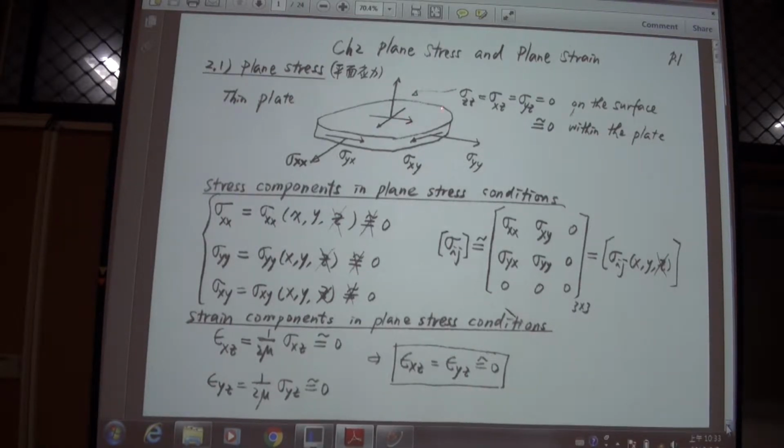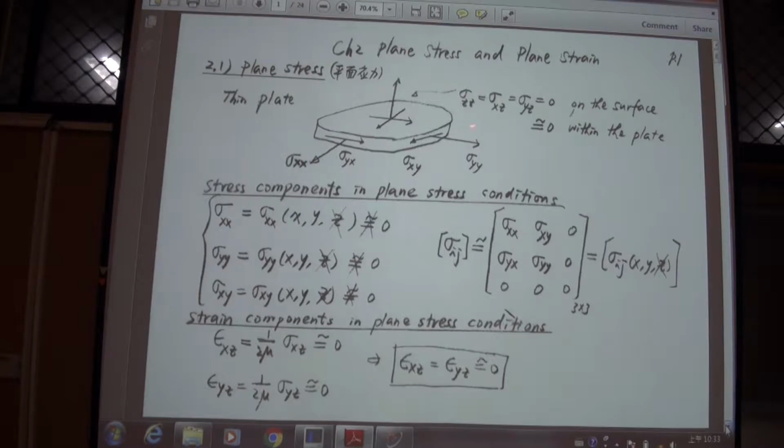the important point is, on the surface of the plate, there are zero stress components: sigma zz equal to sigma xz equal to sigma yz equals 0 on the surface. Moreover, because the plate is so thin, and on the surface these three components are 0, inside the plate these three components will approximately equal 0.